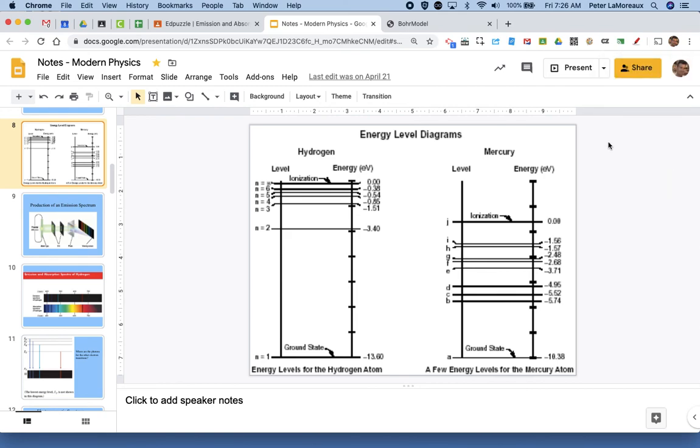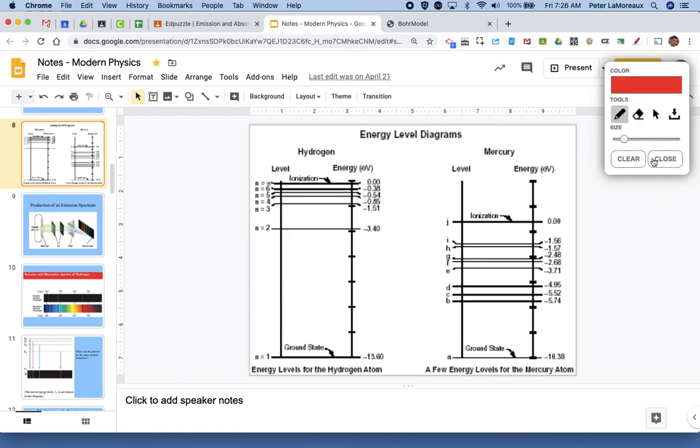And then once I have that energy, I can say E photon equals E initial minus E final. So if I was bumped up to level 2, I could then fall back down to 1. So the difference, the E photon, is found by subtracting those two levels, and I get 10.2 electron volts.